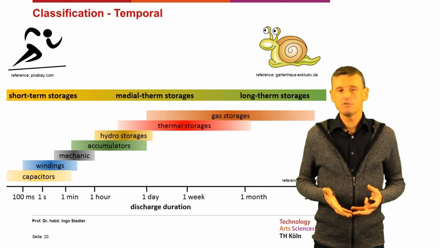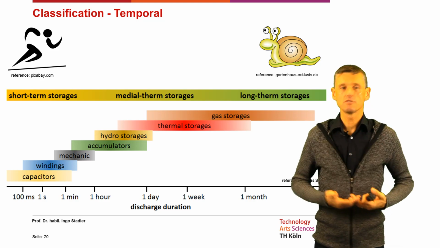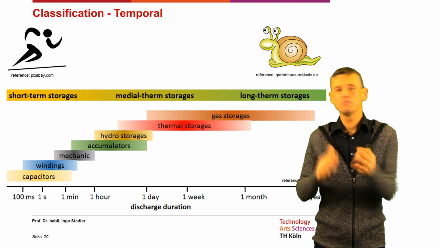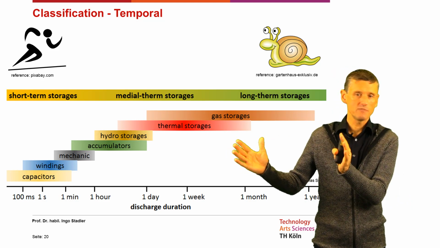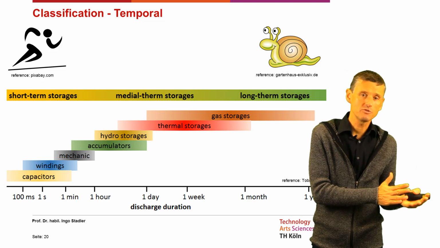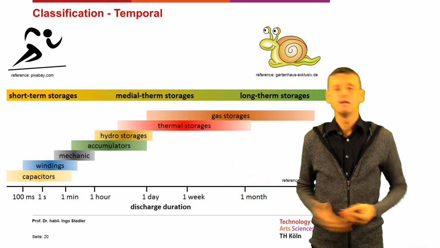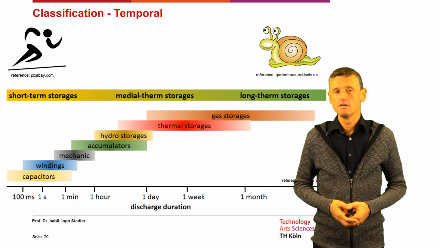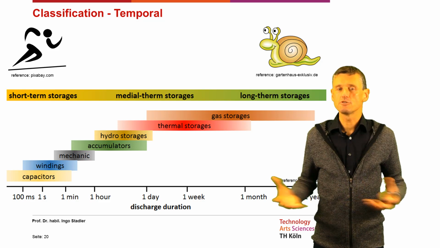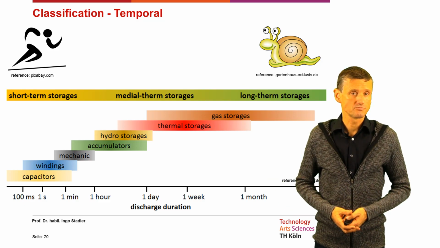Then more on the medium side we have the battery systems, we have the pumped hydro systems, and then going from medium to long term we come to thermal stores, where we have sometimes only a few hours, but we have thermal stores reaching up to seasonal storage, and then gas storages which have a very high energy density where we can store again over seasons or maybe even years.